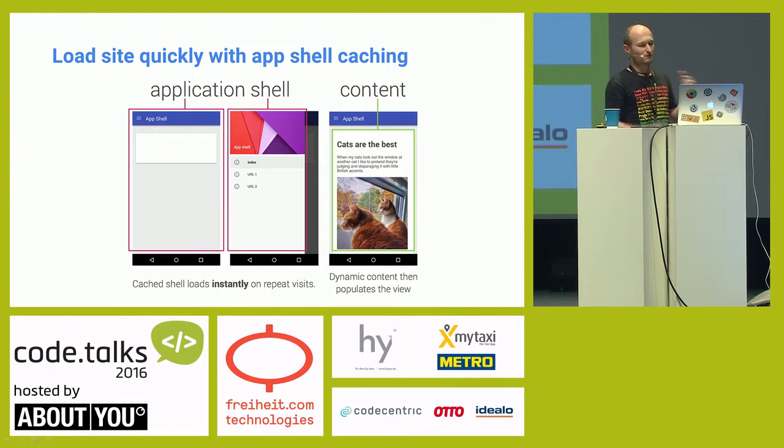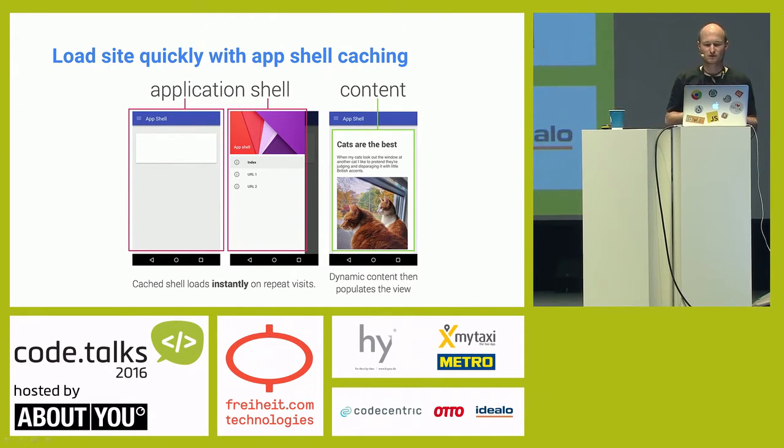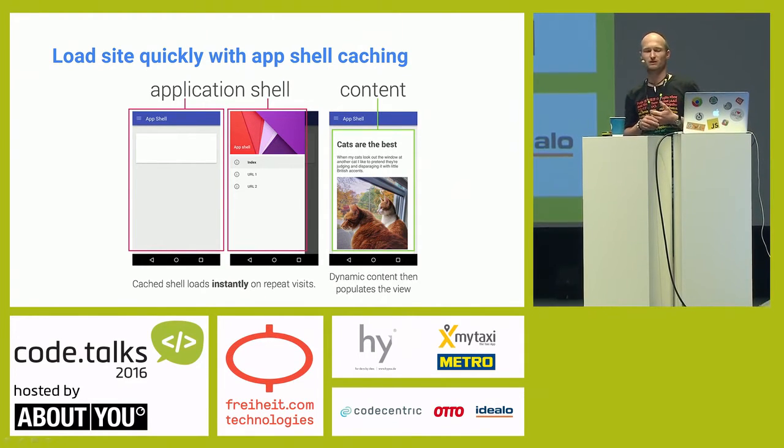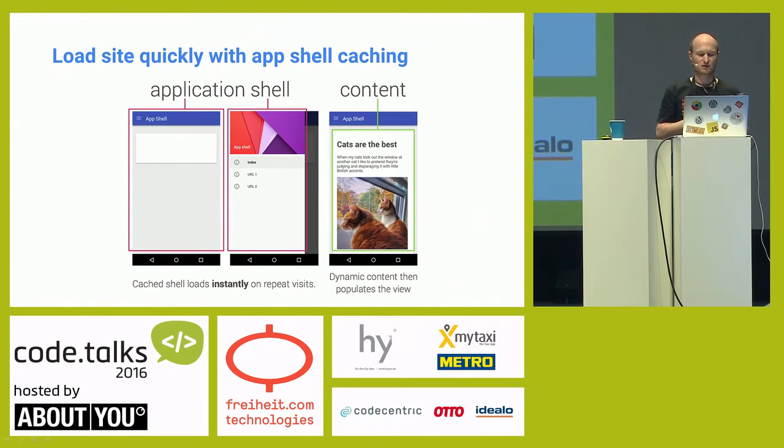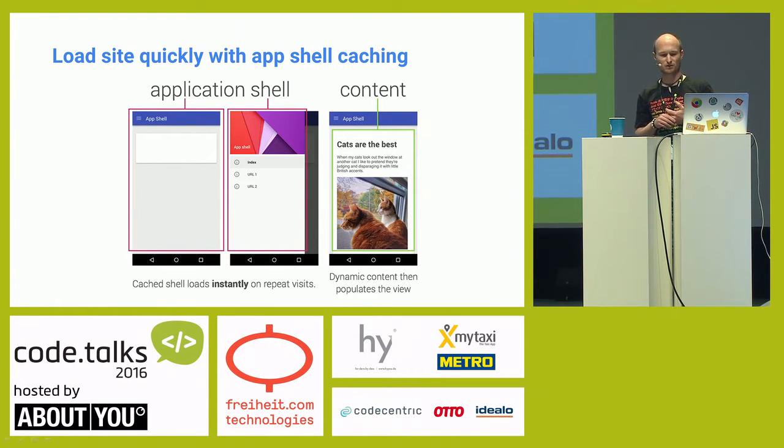So this kind of content shouldn't be pulled from the network every single time. It would be nice to have it directly in the browser cache, so that it would always be there, even if the browser is entirely offline, so that you get this nice application shell quickly loading.